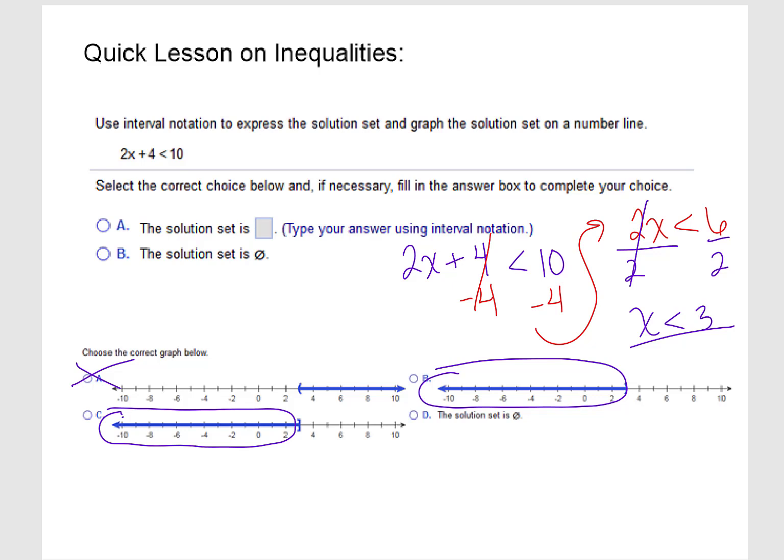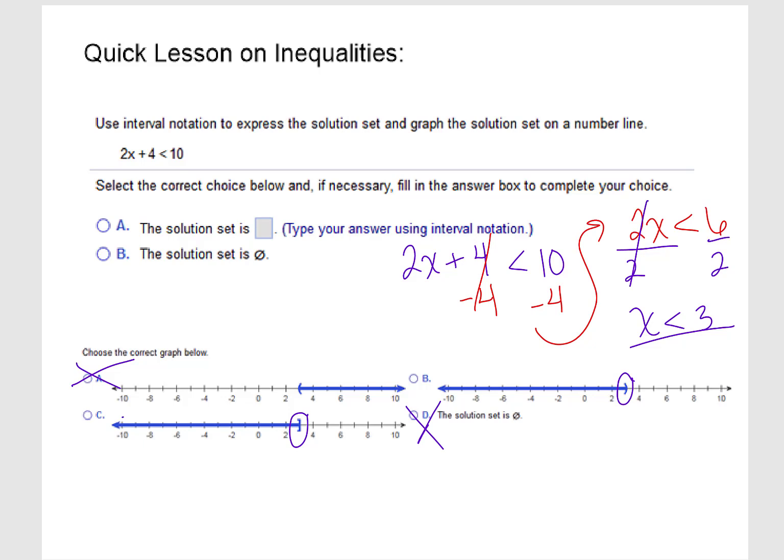But this is the difference between B and C: B has parentheses, and C has brackets. Let's mark out D because it says the solution set is empty, and that's not true. We do have values that are less than 3.